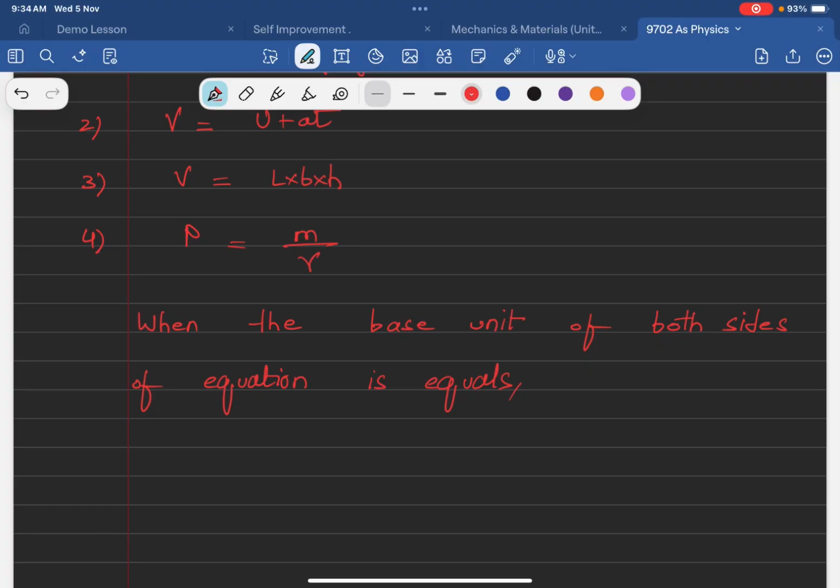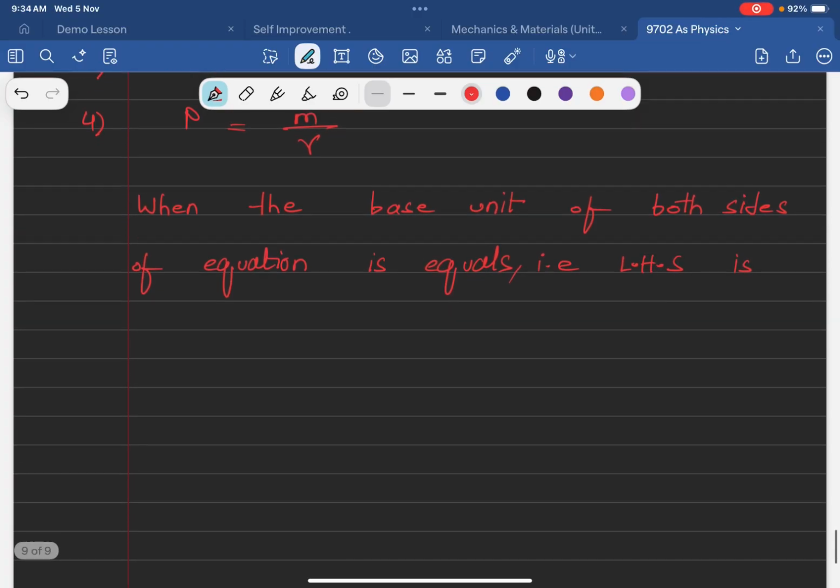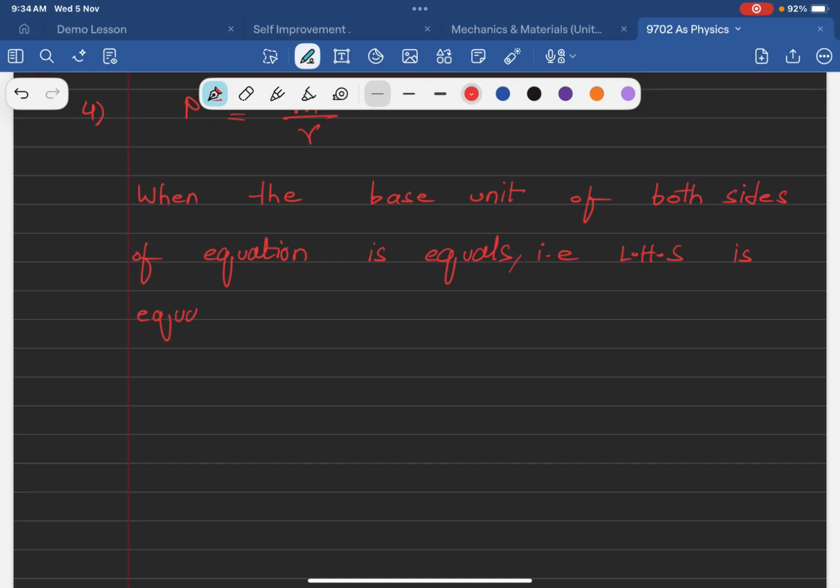So when the base unit of both sides of the equation is equal, that is, left hand side is equal to the right hand side, the equation is homogeneous or consistent.